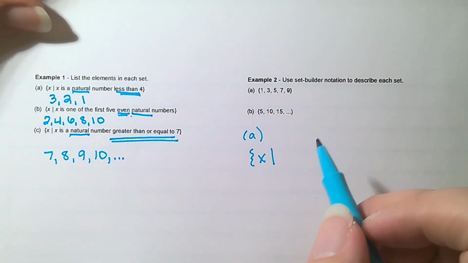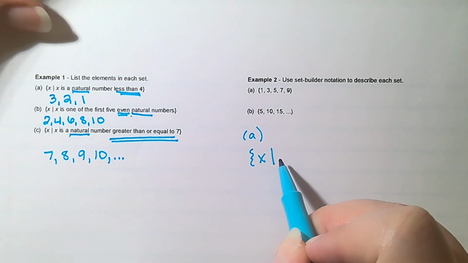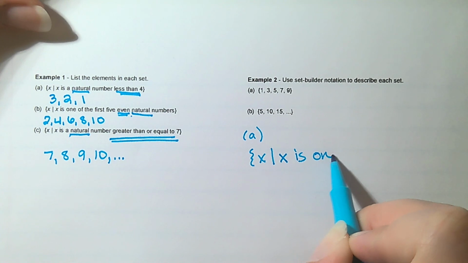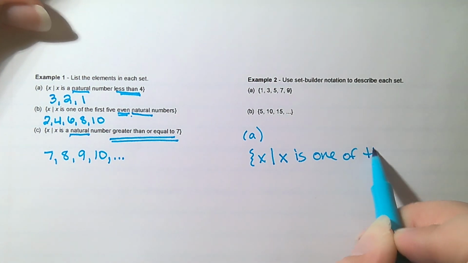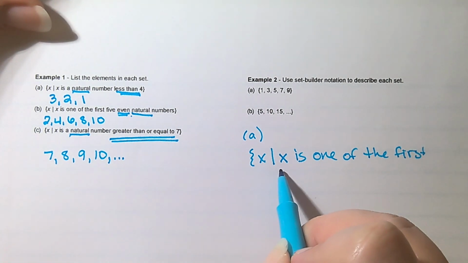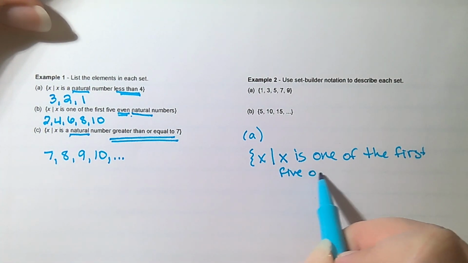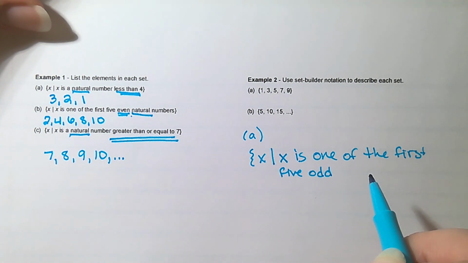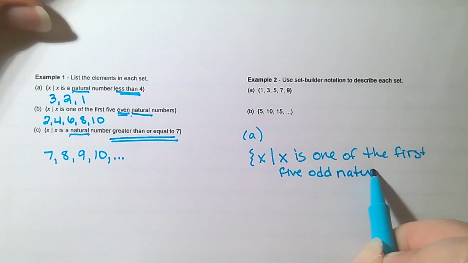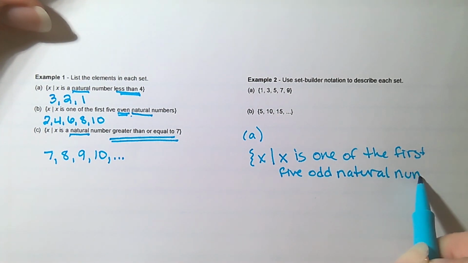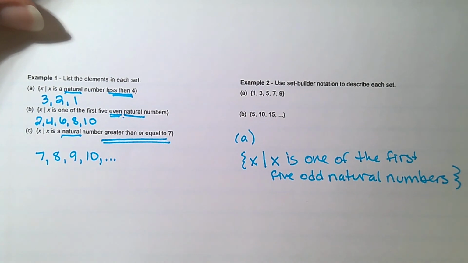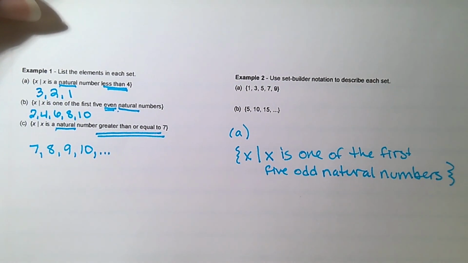So I might say set of all numbers x such that x is one of the first 5 odd natural numbers. And then I close my brackets.